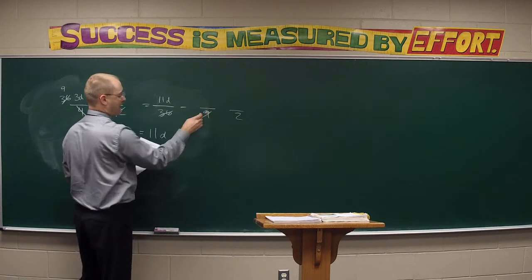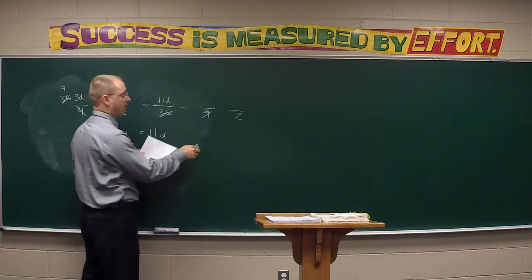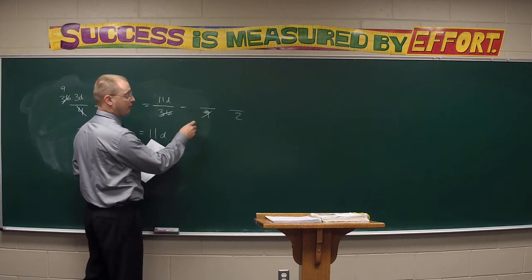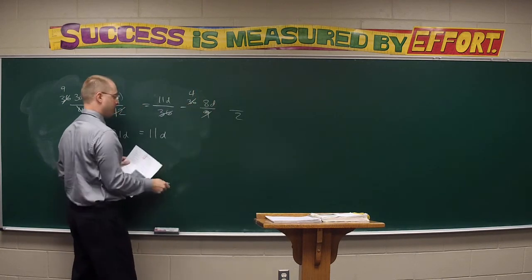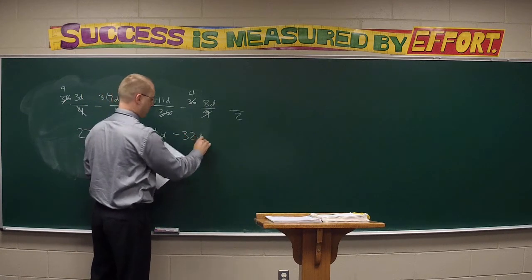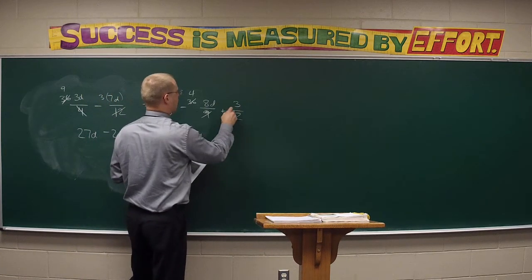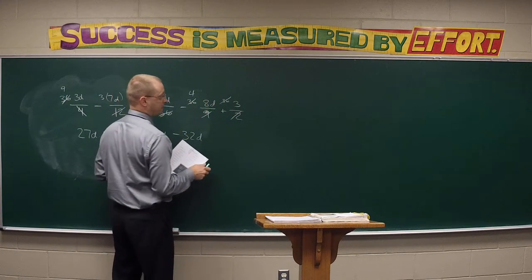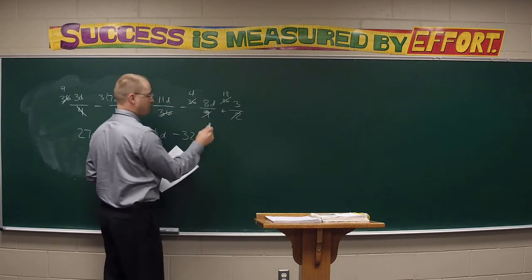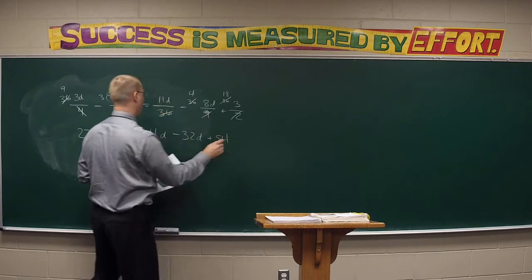The 9 is going to cancel with the 36 to get a 4 times the 8D I already had. That's a lot of D's. And then we had a random positive 3 halves. Of course, the 2 and the 36 cancel to give me what, Maddie? 18 times the 3 ends up giving me a 54.